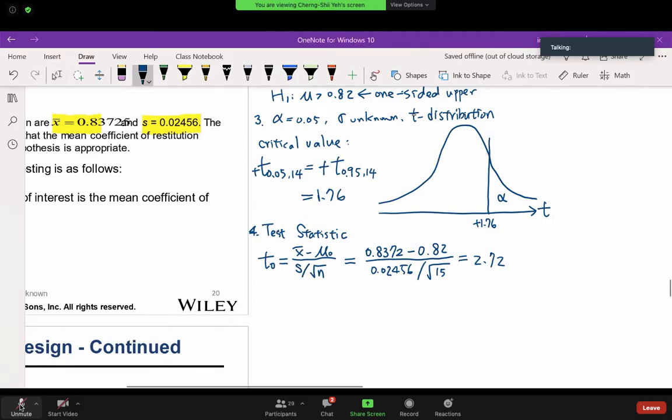To calculate the critical value, use T.INV, enter the probability, in this case alpha, and your degrees of freedom, in this case 14. This will return the critical value.